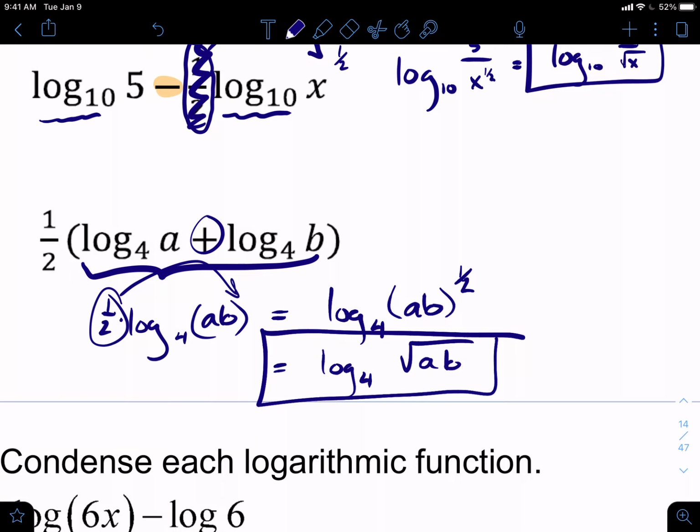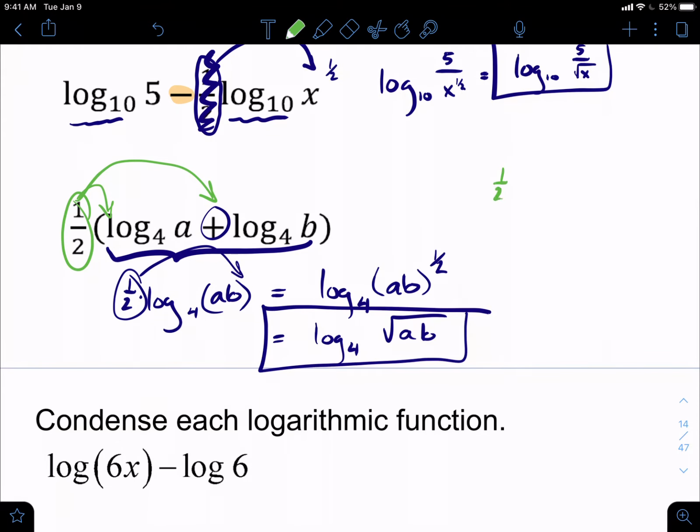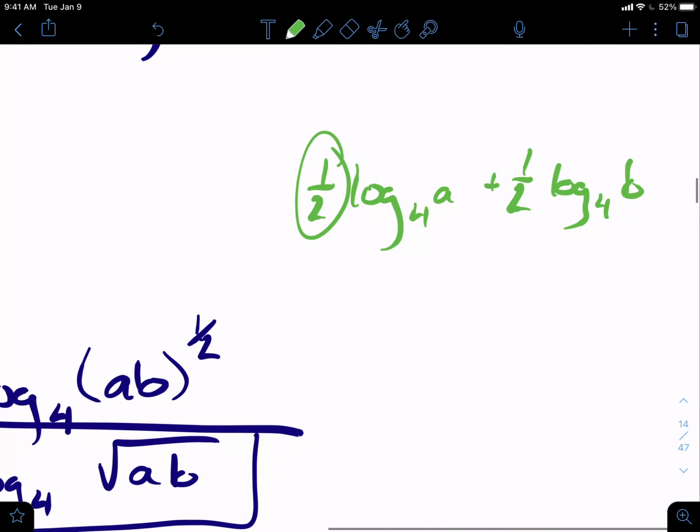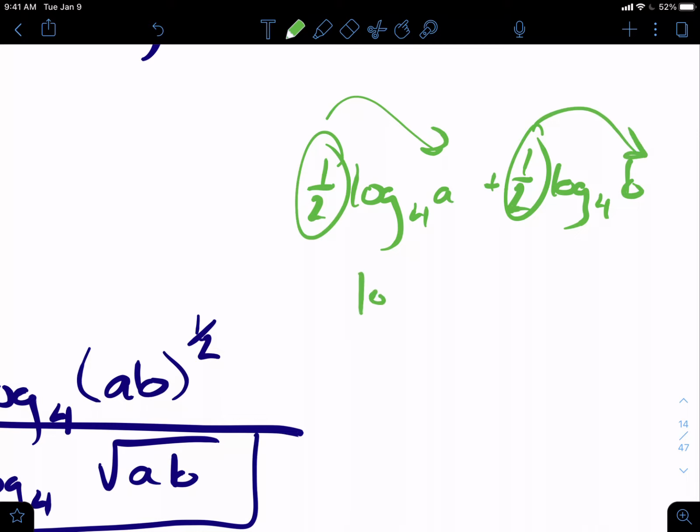You could have also gone at it a different approach, distributed this to each of these to start. If you went at it that way, you would have 1/2 log base 4 of A plus 1/2 log base 4 of B. And to deal with this, you would have moved this 1/2 up top right away. So you would have gotten log base 4 of a to the 1/2 plus log base 4 of b to the 1/2.